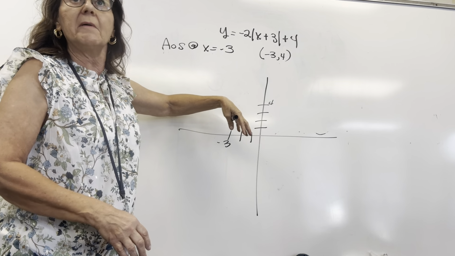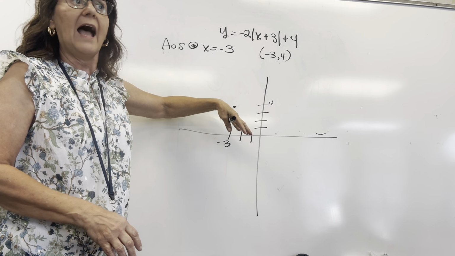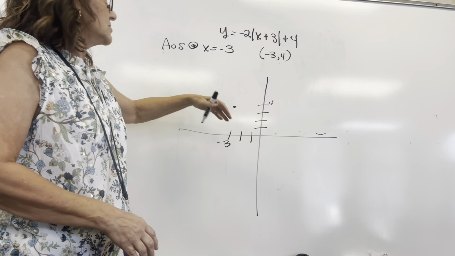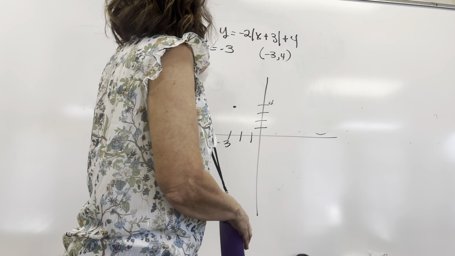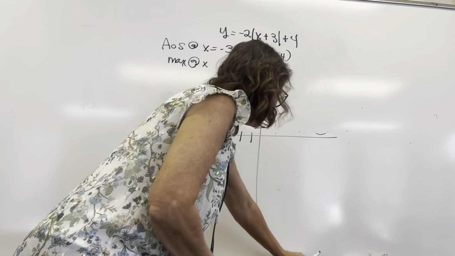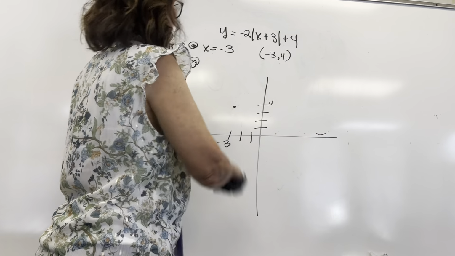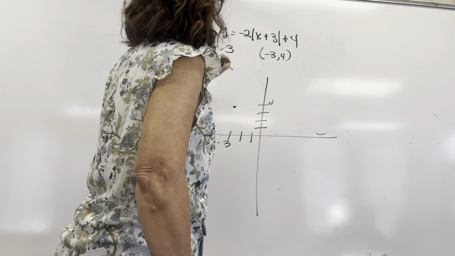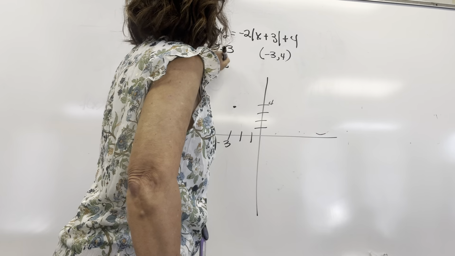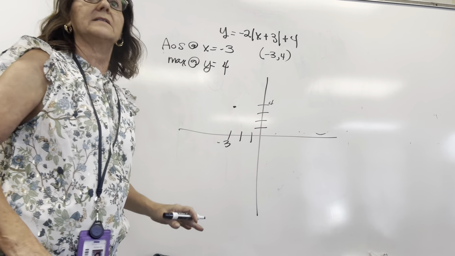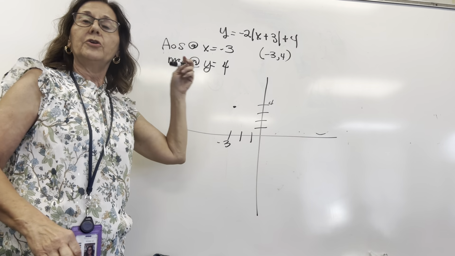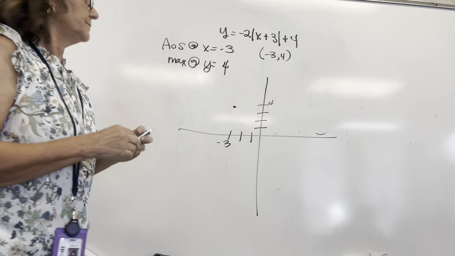So do I have a minimum or a maximum? I have a maximum. So I have a max at y equals 4. Is the min or max always y? Yes, we look at y, or you could use the coordinate point, yes.